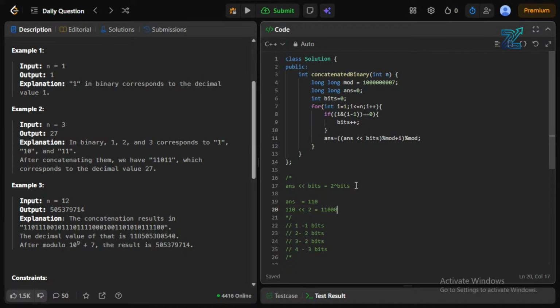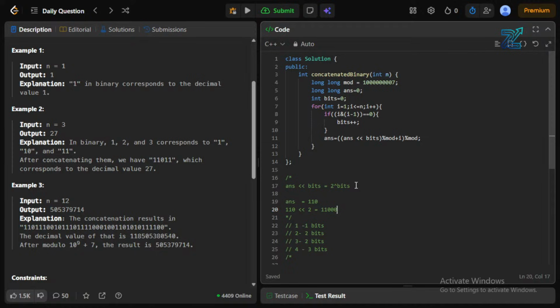So why are we using this? Because we are making space for new binary digits. For example, if our answer is 110 and the next number has 2 bits, now we have 110 left shift 2, right?